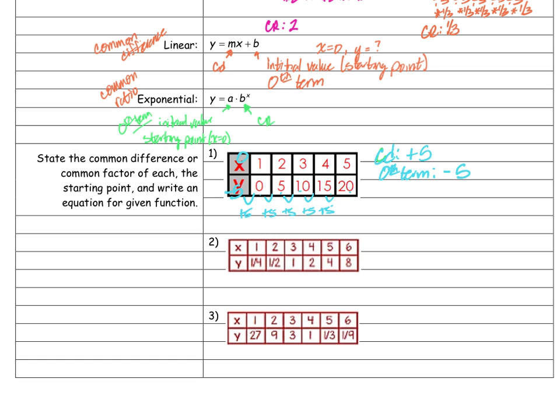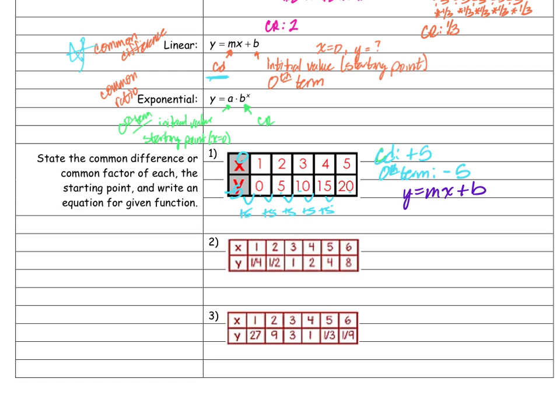And because it's a common difference, I know that I'm going to use y equals mx plus b. I know that I'm going to use that because it's a common difference. And common difference right here, if you look up here, it's my linear one. Okay, common difference. It's linear.